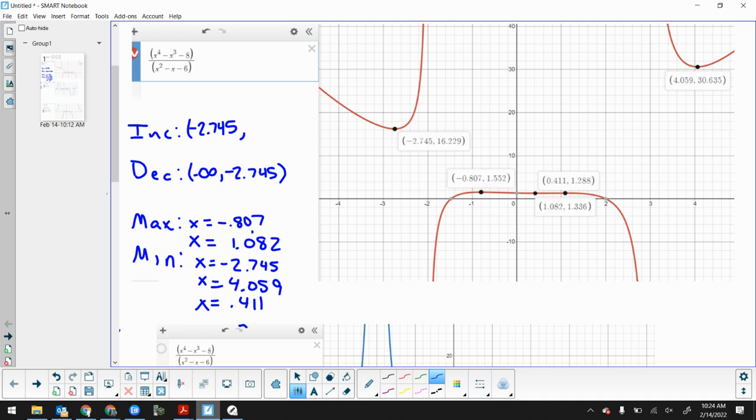It jumps, but does it decrease? No, it jumps down here all the way to negative 0.807. And then it starts to decrease from negative 0.807 down to 1.082. And then it starts to increase from 1.082 till 0.411.